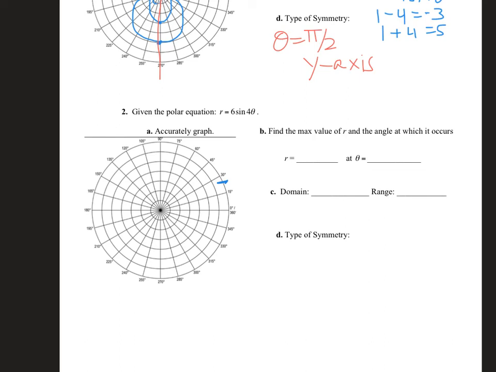That's why you can go to format, which is second zoom, and change it to polar GC. Then when you hit graph and trace, that'll show you that you're exactly at radius 6. 1, 2, 3, 4, 5, 6. Six right there. And then you trace around again, and you're down at negative 6 over here.